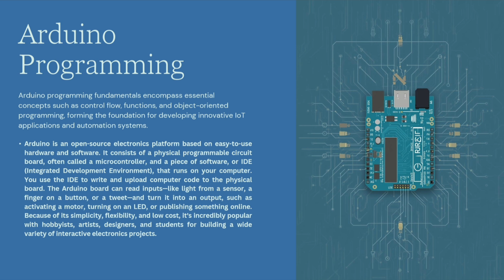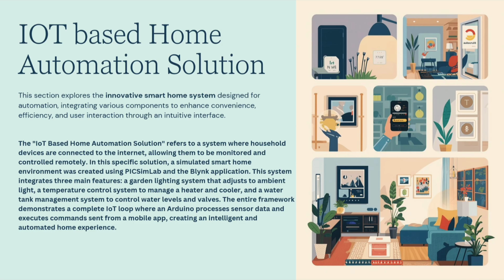The IoT home automation solution basically integrates various components, enhancing efficiency and user convenience without any problems. It refers to a system where home devices are connected to the internet, allowing us to monitor and control them remotely. The specific solution is a smart home environment created using PicsimLab and the Blynk IoT application.